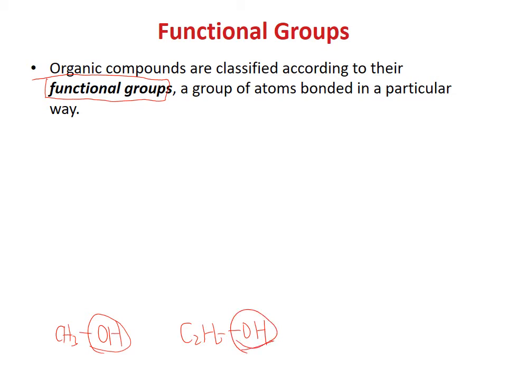So OH attached to an alkyl group is the alcohol functional group. It can be C3H7OH. So these are all alcohols: alkyl groups attached to hydroxy. That's called the alcohol functional group.